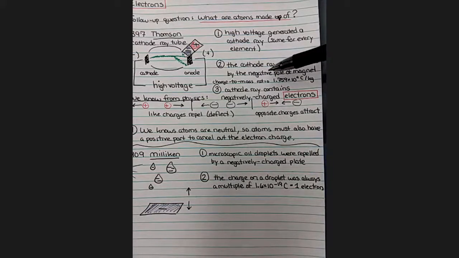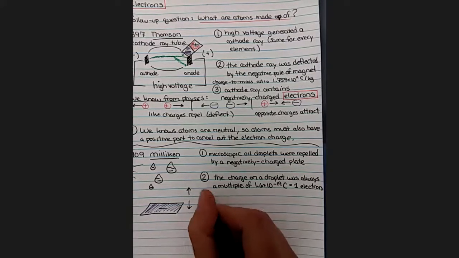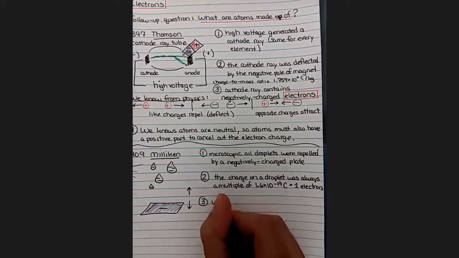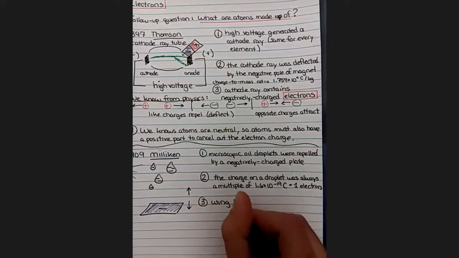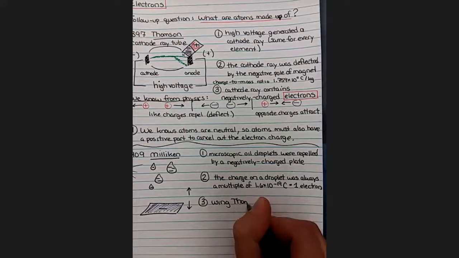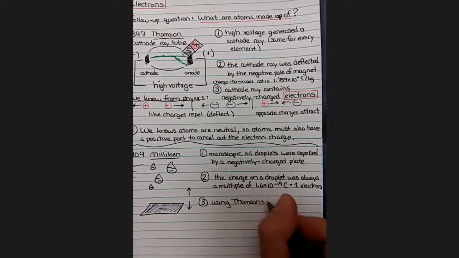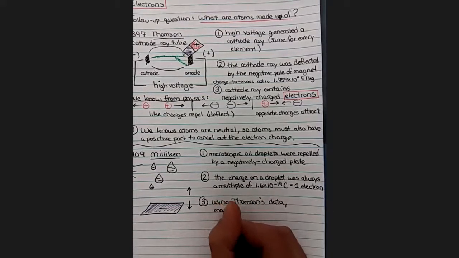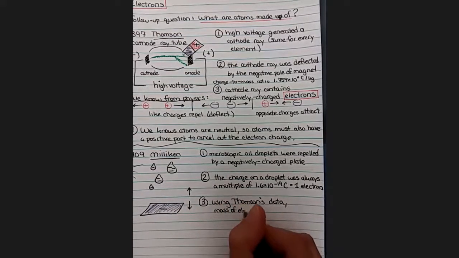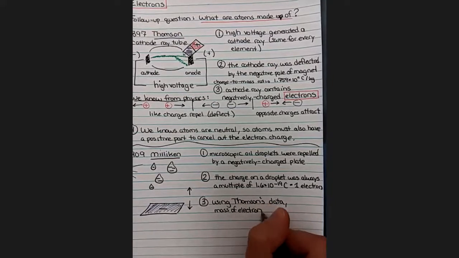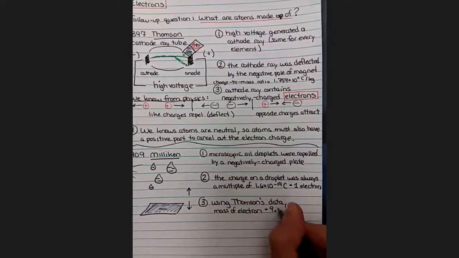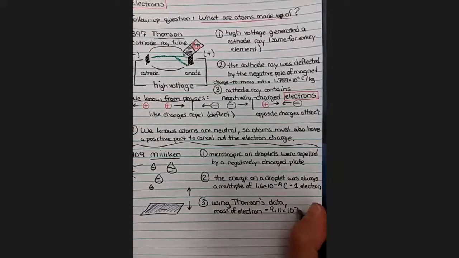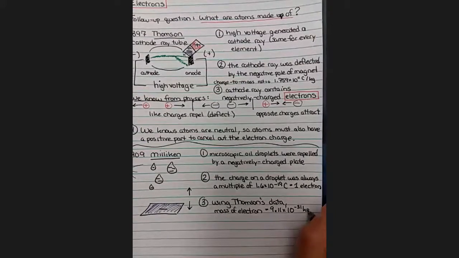And because Thomson up here had found the charge to mass ratio, and Millikan had found the charge, then logically he could also find the mass. So using Thomson's data, he found the mass of an electron to be 9.1 times 10 to the negative 31 kilograms.